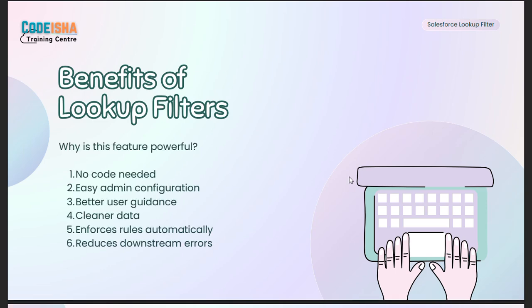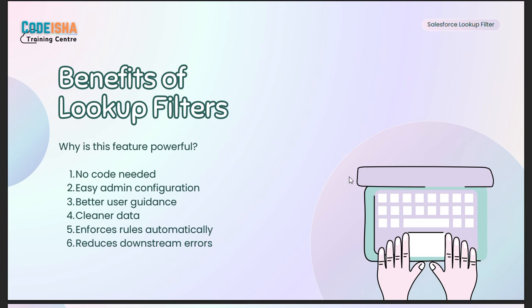Let's see the benefits of using lookup filters. One is that no code is needed to create the lookup filter, and it is an easy admin configuration. It gives better user guidance, clear data, and enforces the rules automatically. It also reduces downstream errors.